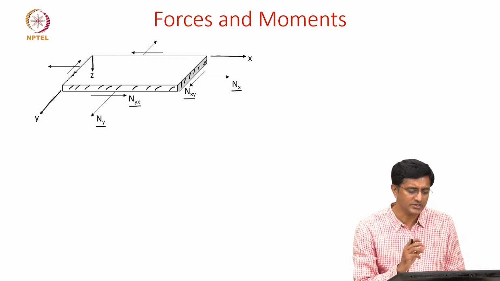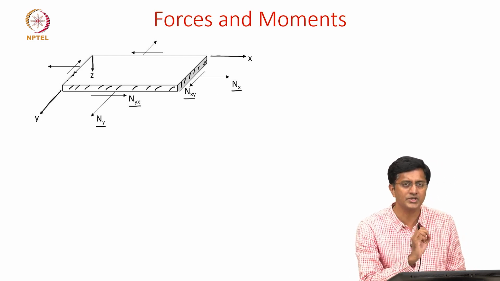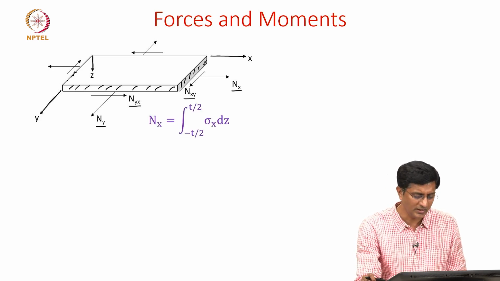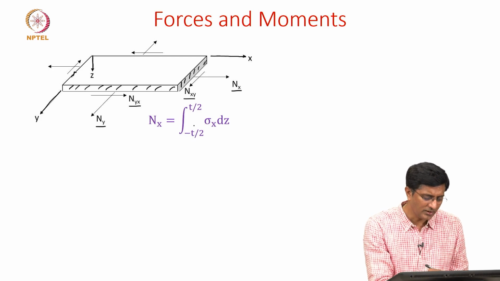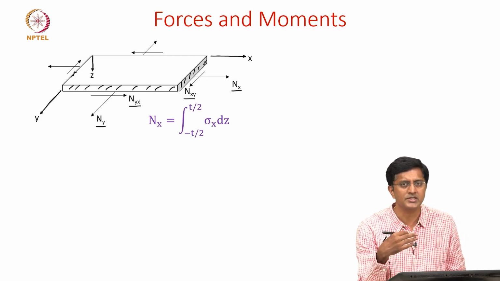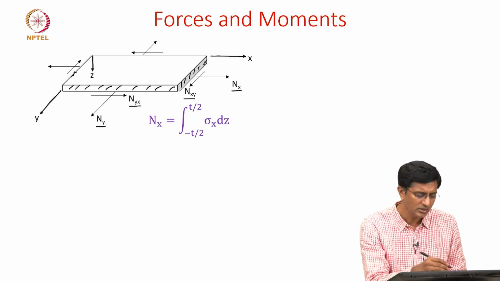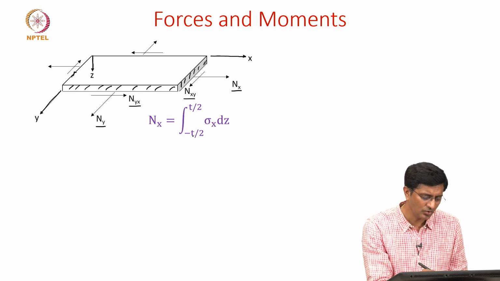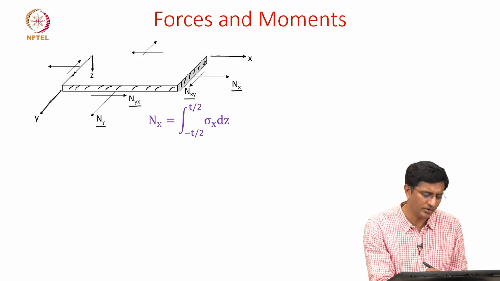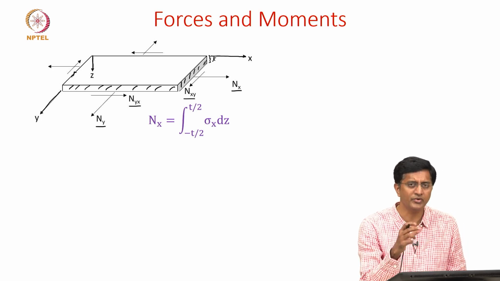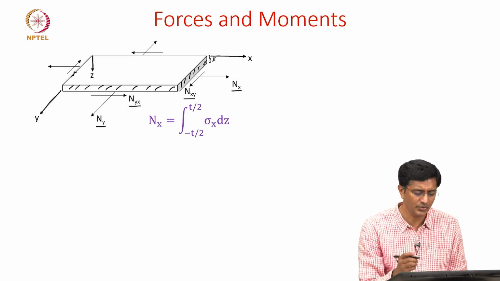Okay. Now let's see how we can write these forces in terms of stresses. So starting with Nx, any time force is stress times the cross section area. In this case, we'll take the thickness dz going from minus t by 2 to t by 2. So we are considering this thickness t, and for the width we will consider it as unit.